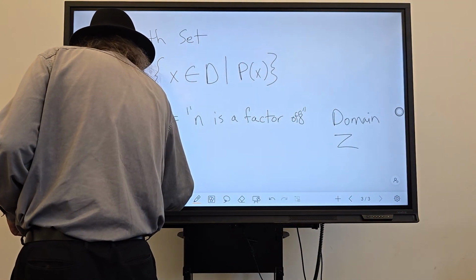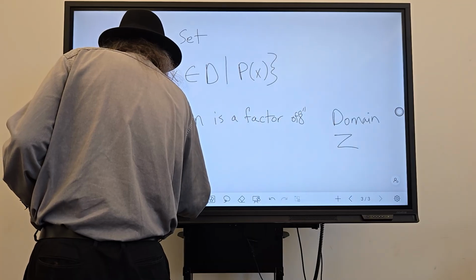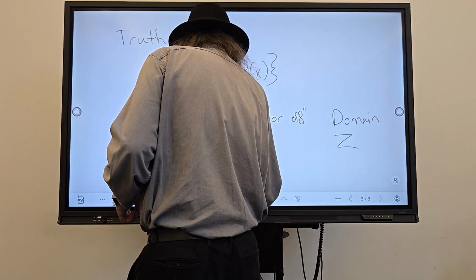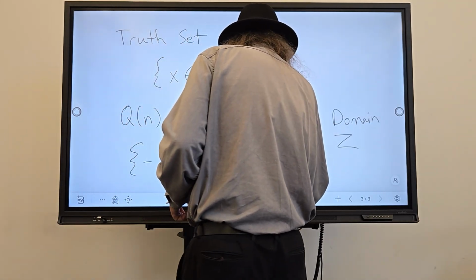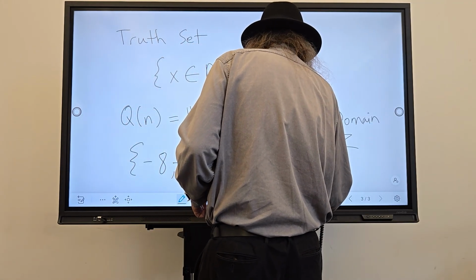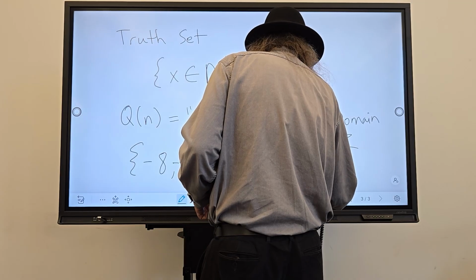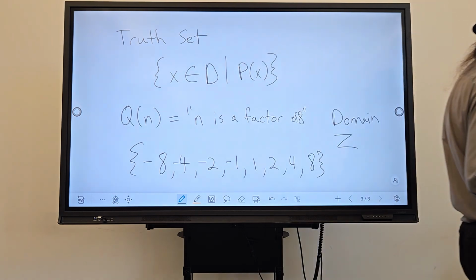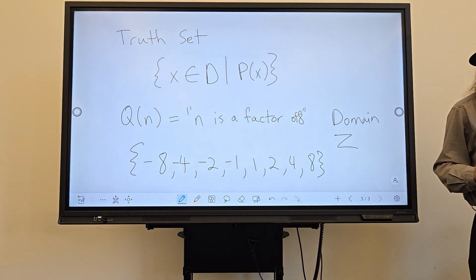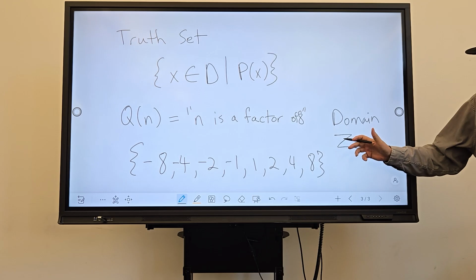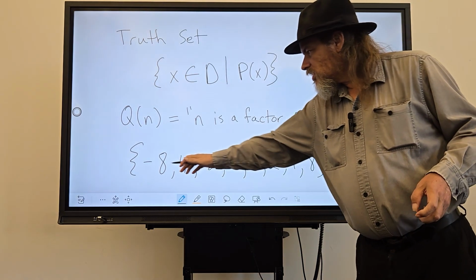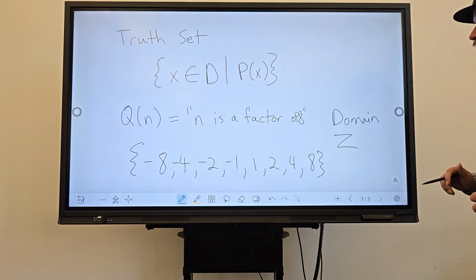And the negatives: minus 8, minus 4, minus 2, minus 1, 1, 2, 4, and 8. Everybody agree with that? Because this domain is all integers, not just positive integers. So you have to take into account the negative factors as well.